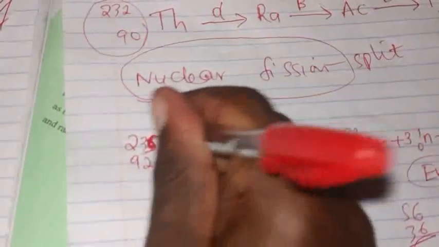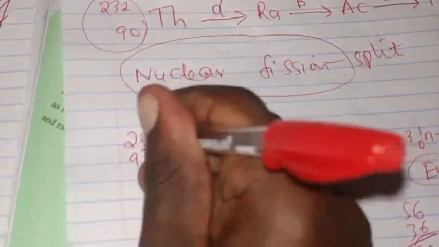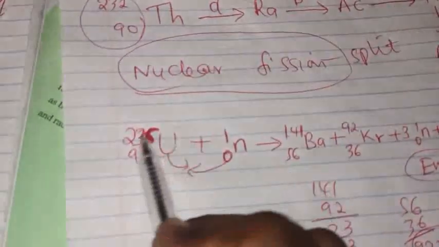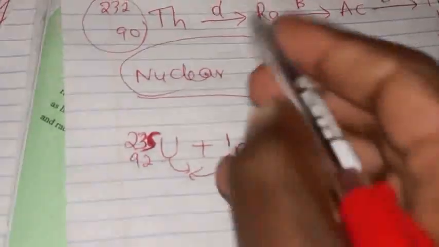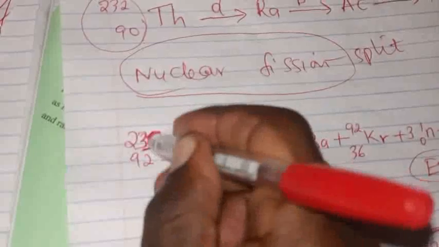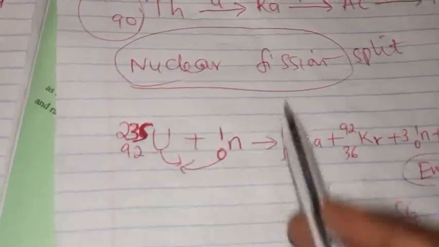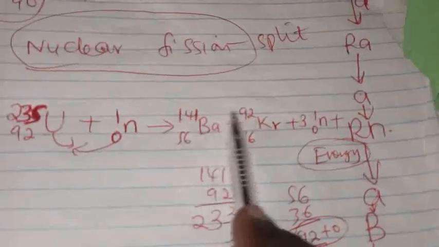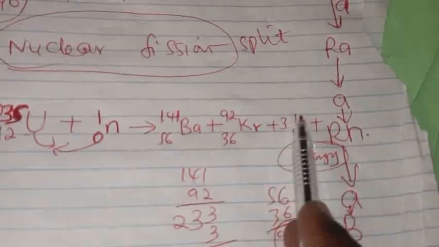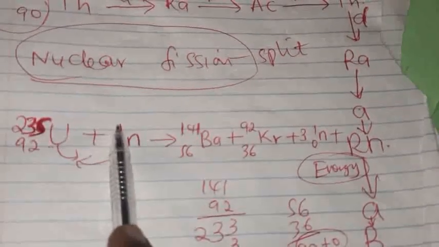Then the uranium 235. Why 235? Because 235 plus 1 gives you 236. So 141 plus 92 plus 3 times 1 gives us 236, and 235 plus 1 gives us 236.